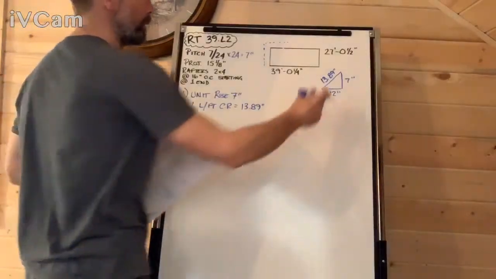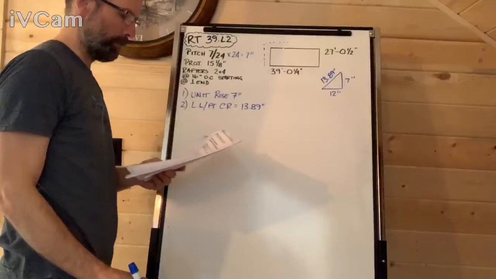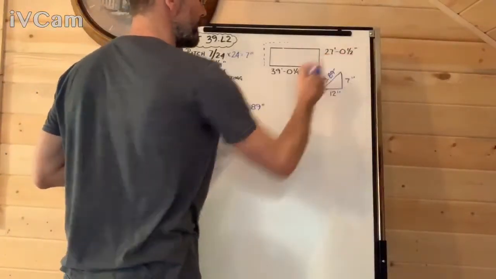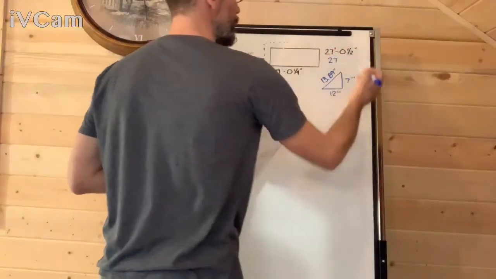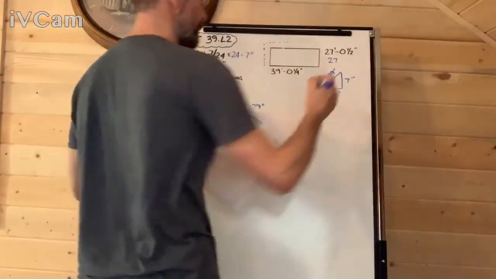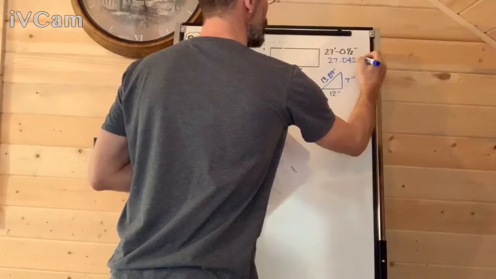Half the span as a decimal. Well, our span is 27 foot 0.5 inch. If we take that and convert that to decimal feet, we end up with 27. Then we take half of an inch divided by 12 inches to give us 0.042 units.